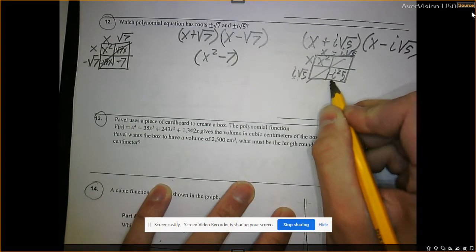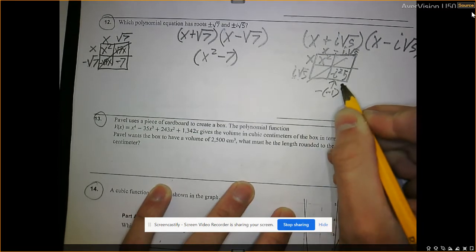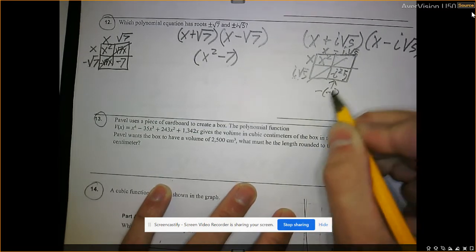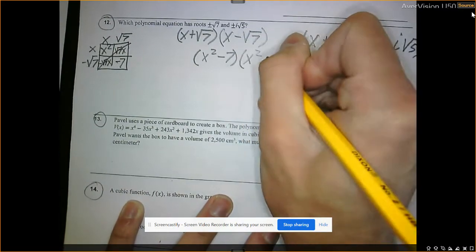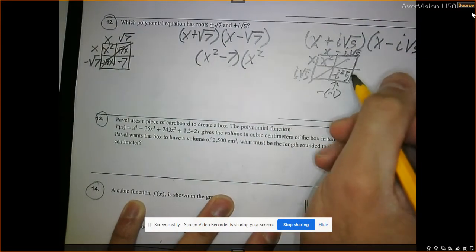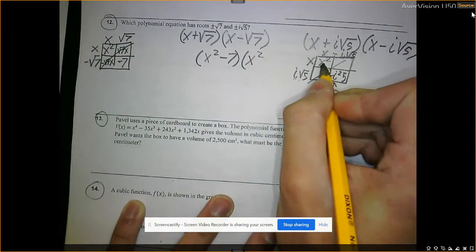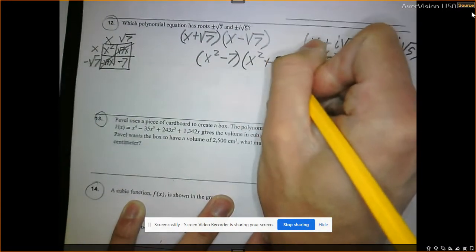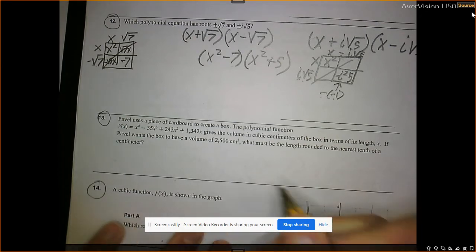So this really is a negative 1, which really is just a positive 1. So positive 1 times 5 is just 5. So that means my other binomial, when I multiplied this out, remember negative 1 is just a positive 1, so it's really just x squared plus 5.